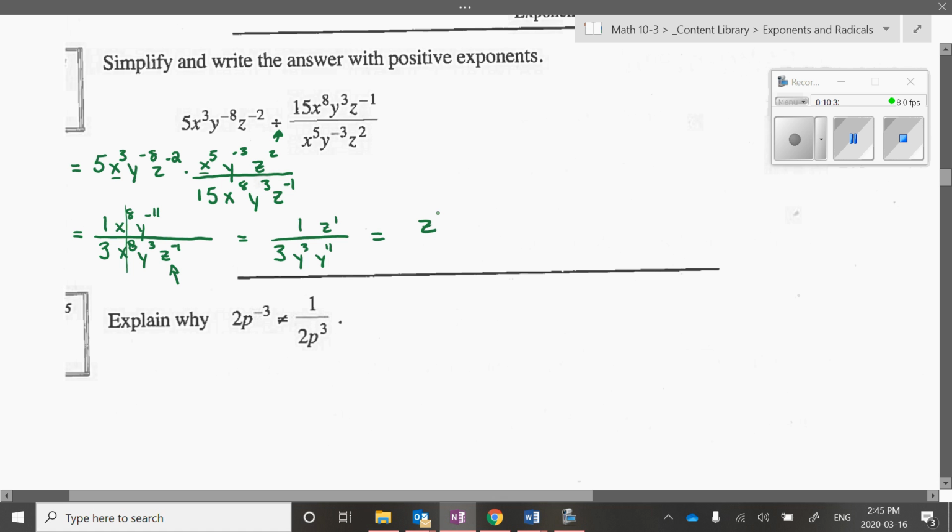So then I get z to the power of 1 over 3, y to the power of 14. You don't have to write this one here. That's optional, right? Because often we would just say 2 versus 2 to the power of 1. Those are the same things. So it's kind of optional at this point. I don't care if you do, don't care if you don't.